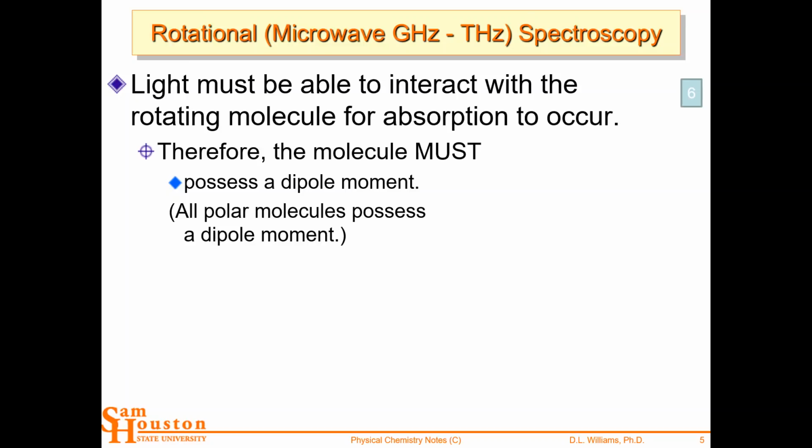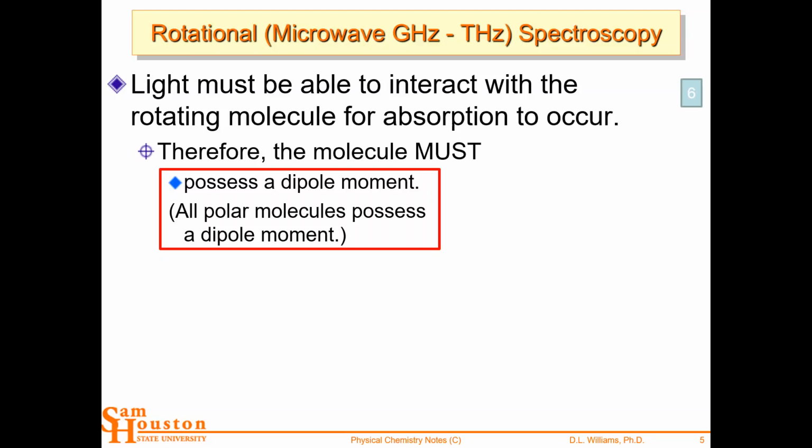So you need to be able to look at the molecule, its shape, and tell if it's polar or not. Is ethane polar? Even if it's eclipsed or staggered, it's still going to be nonpolar because all of those dipoles cancel each other out. Okay. And so this is the key for pure rotational spectroscopy.